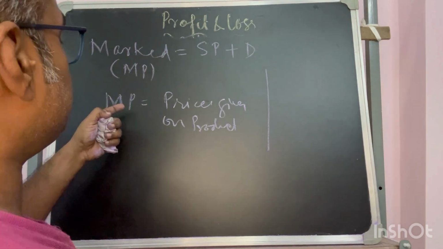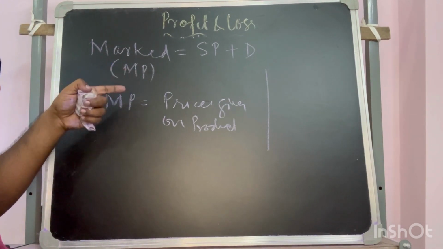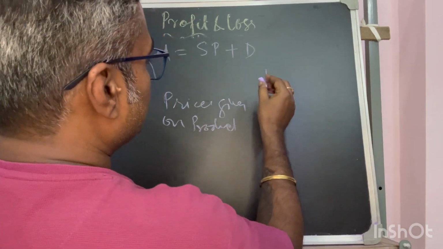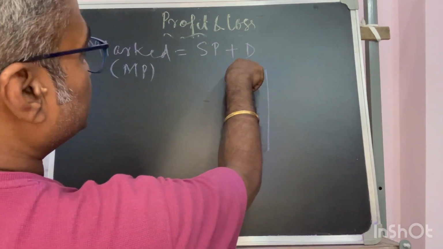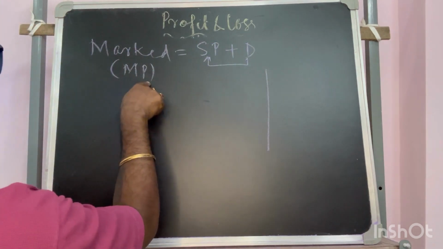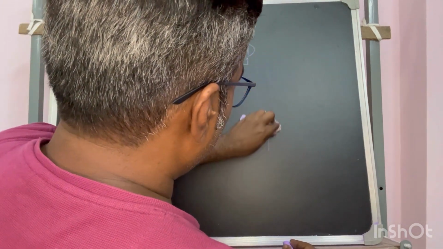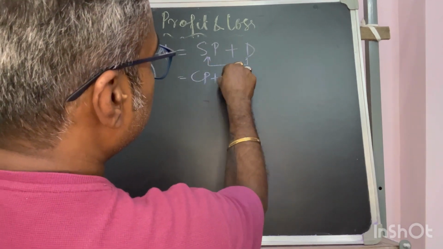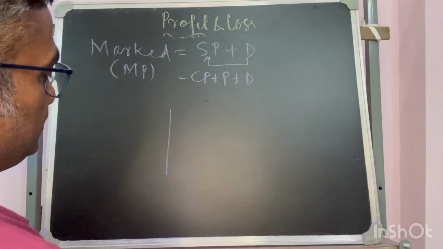So when this is a declared price, this has to be a fixed price. This is a pivotal price, meaning on this price, if I discount anything, I will get some sales price. That means these two are variable, they are adjusting to make a price which is already declared. If I take the example, sales price is cost price plus profit plus D. Then I know this cost price is fixed.